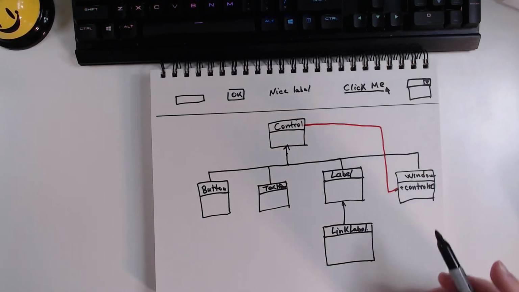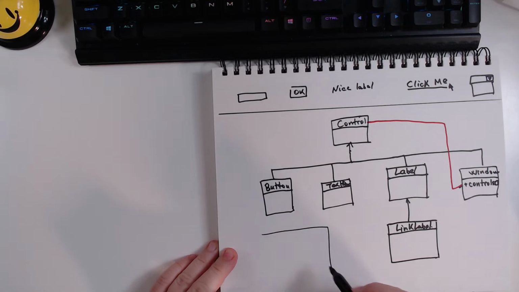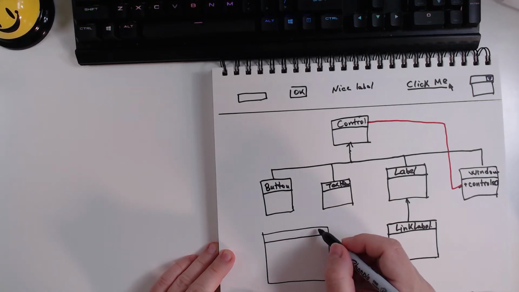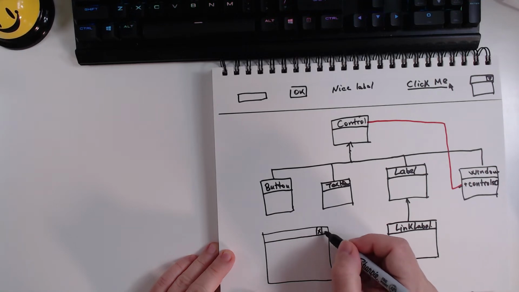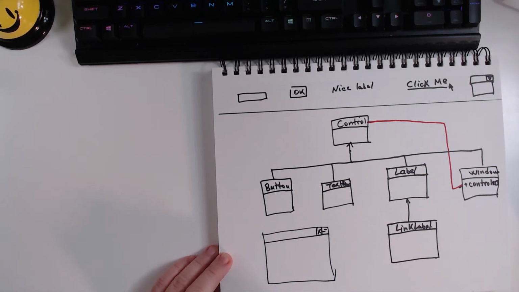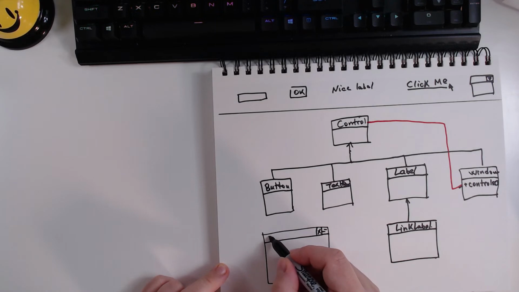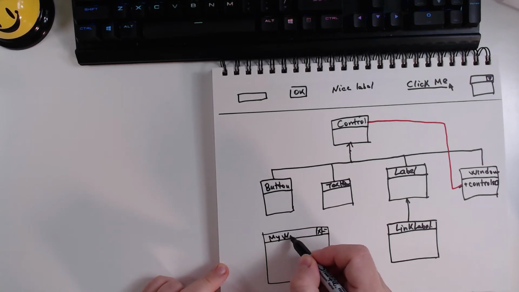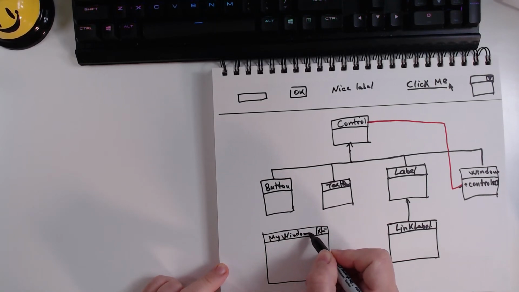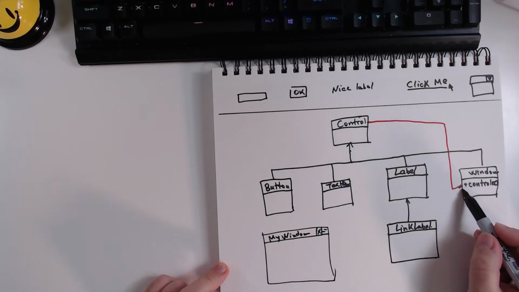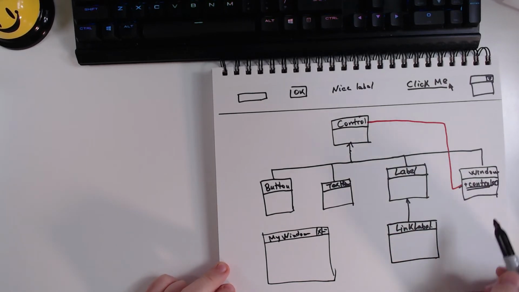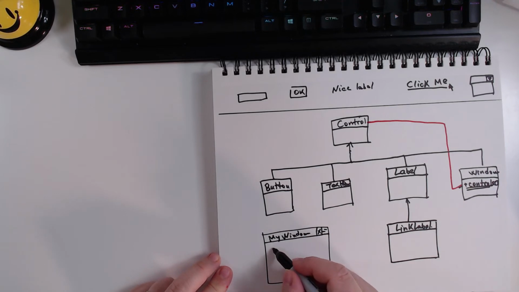So you have a window, a typical window that will have the regular close, maximize, minimize buttons, and some text here, my window. The text is displayed here. But the reason the window has a collection of controls is because inside the window will live these controls.